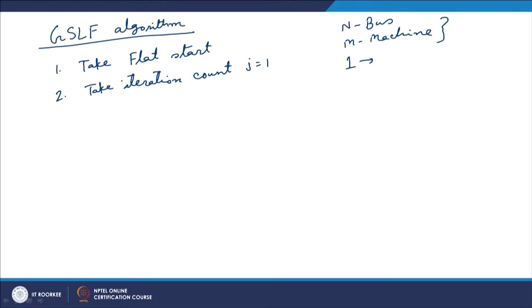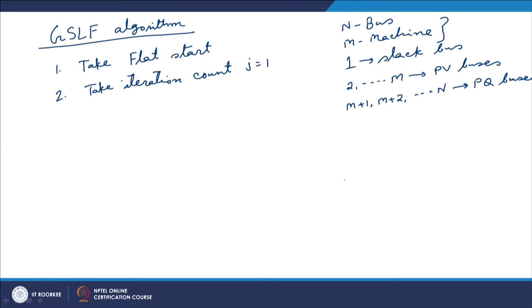The first one is the slack bus, this is just our nomenclature, then 2 to m are PV buses, and then m plus 1 to n are PQ buses. So, that is the nomenclature we are using. Then for I is equal to 2 to m, we do the following.